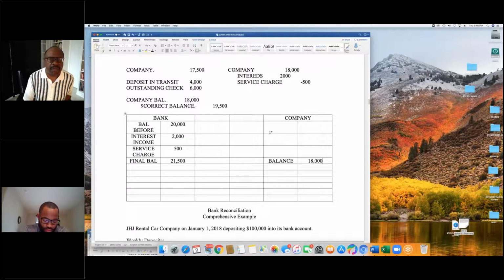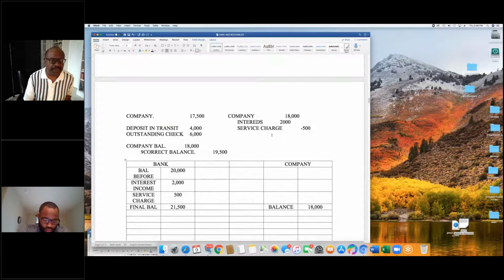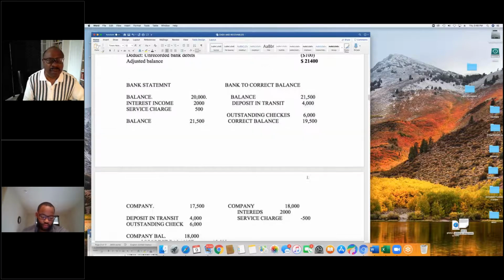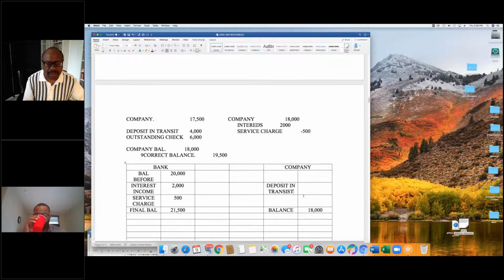One of those things would be deposits in transit. There's a deposit in transit that we said was 4,000.